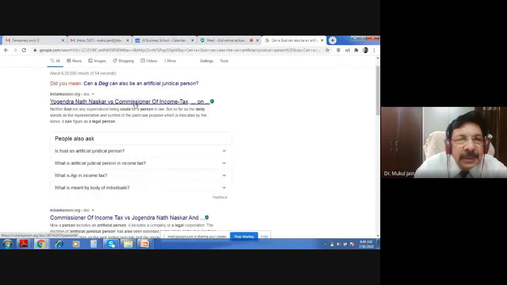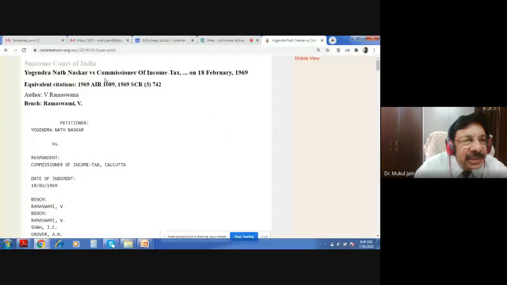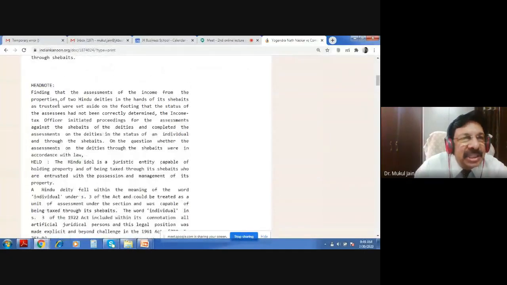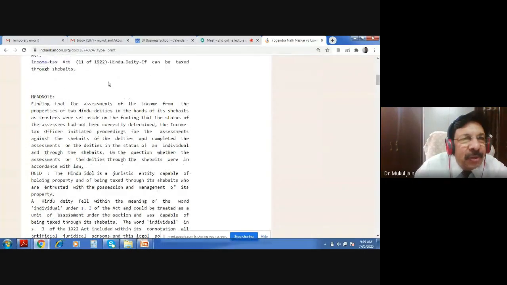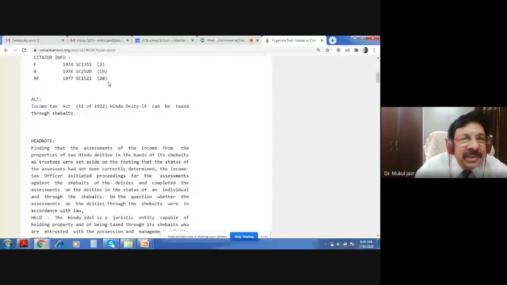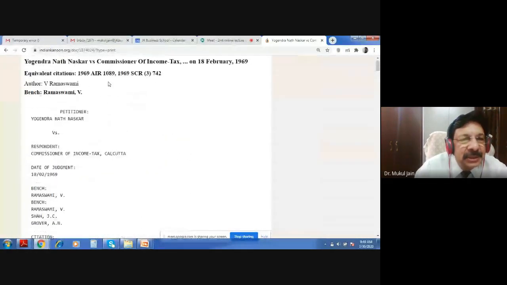So there was a case, Yogendra Nath Naskar. So this says, finding that this is a judgment. It's a copy of the judgment in a case between the Income Tax Commissioner and Yogendra Nath.